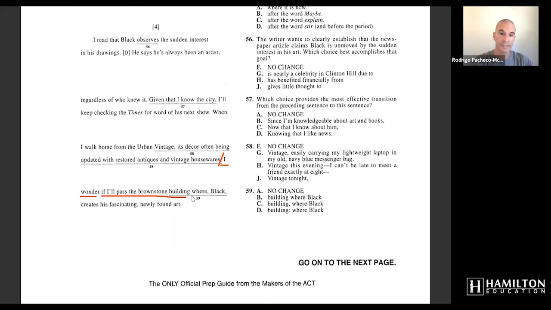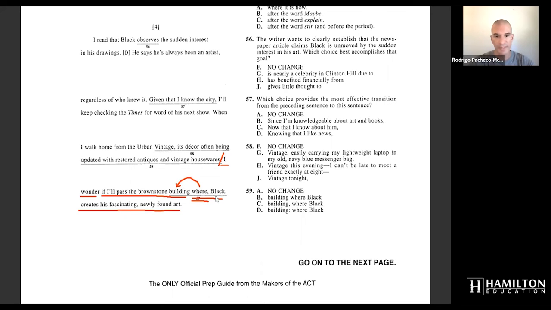And then we have another dependent clause, where Black creates his fascinating newly found art. We also have a relative pronoun, where. So where Black creates his fascinating newly found art, this relative pronoun is referring back to building.